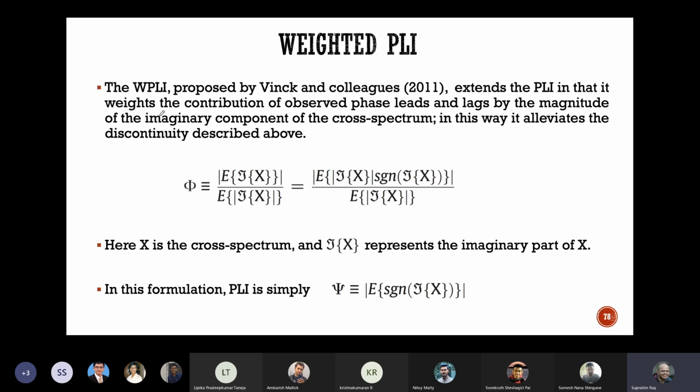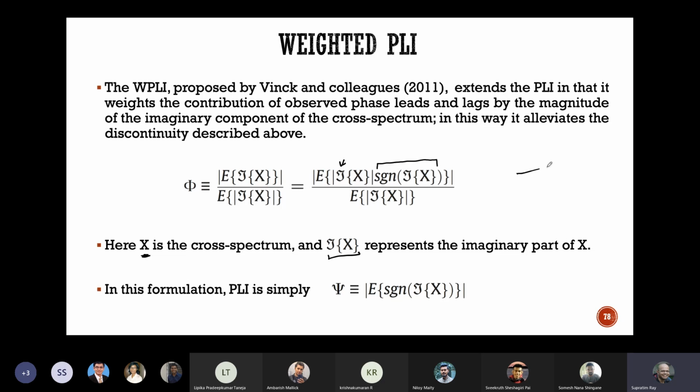The WPLI looks like this. So if X is the cross spectrum, I denote this as the imaginary part. So I am looking at the sign of the imaginary part here, but now I am multiplying it with the magnitude of the imaginary part.